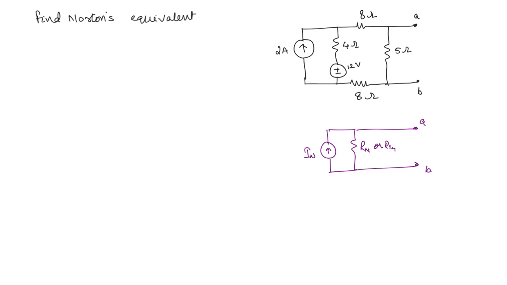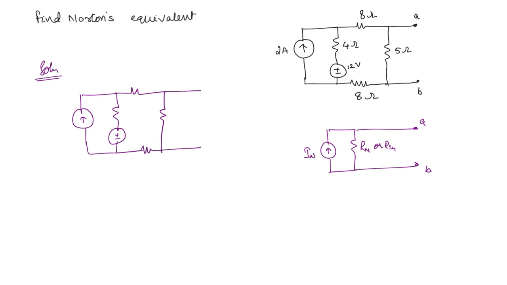But here we will do the direct method, from the network directly to the Norton's equivalent. So how to do that? First you redraw the same circuit, and then you short circuit the terminals. Here you have a resistor, here there is a resistor and here there is a resistor. Now these two you are short circuiting and the current through this is IN.